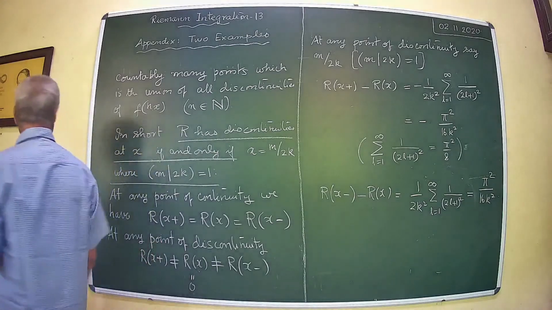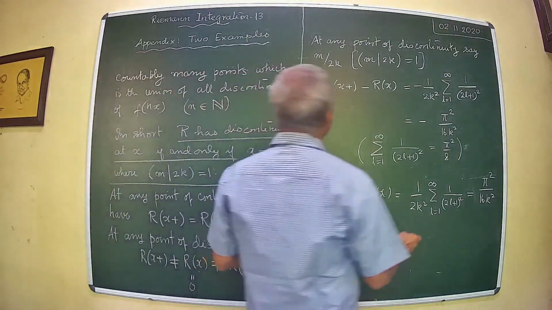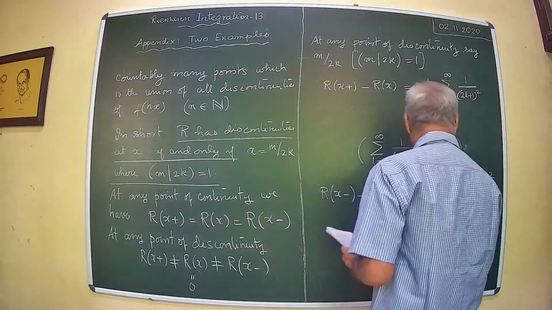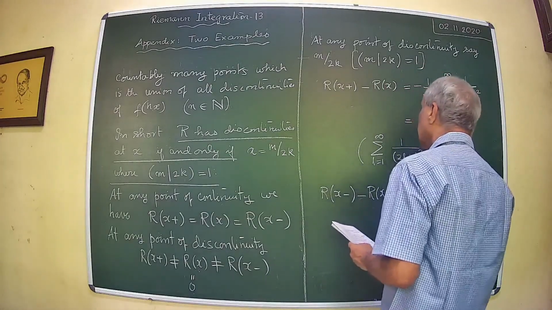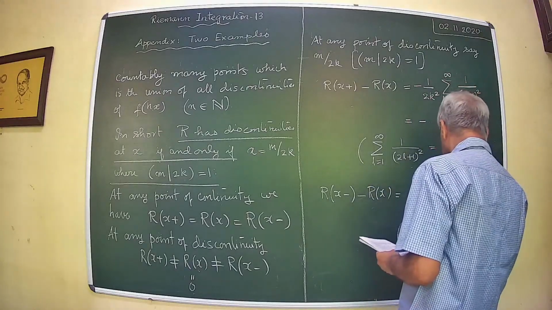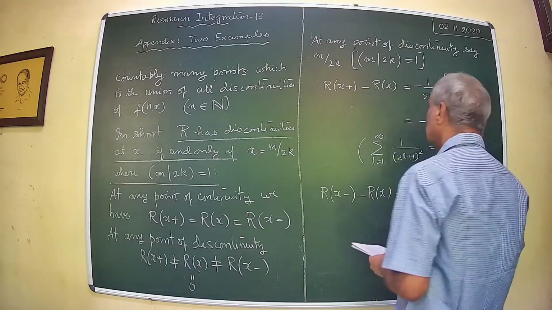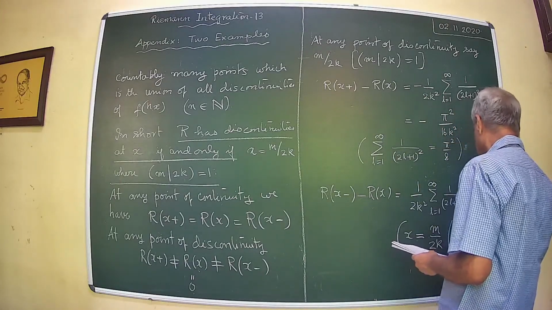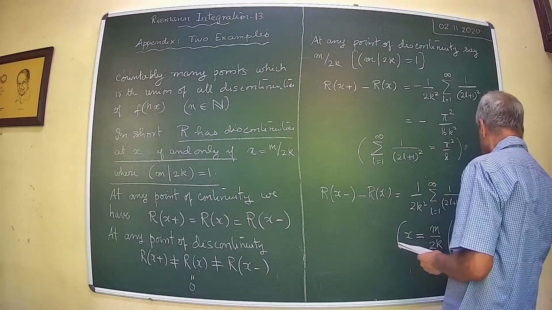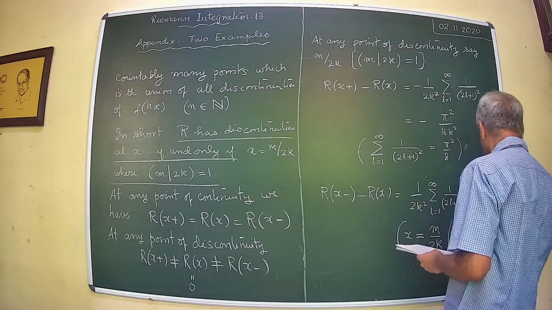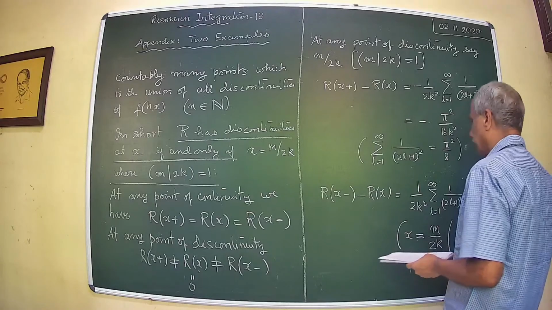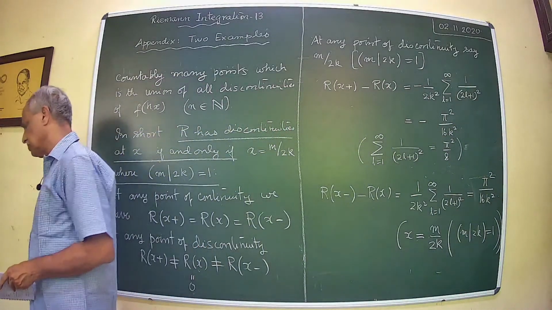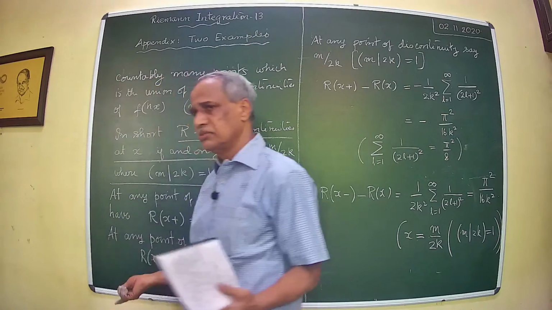Here x is taken to be m by 2k. Now you can actually work out what the points are: minus half, half, 3 by 2.